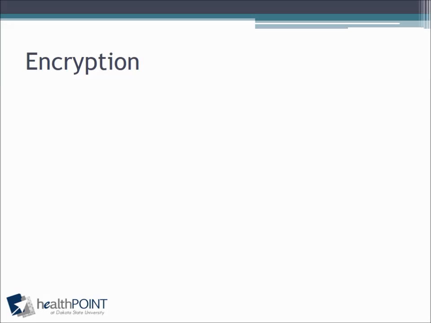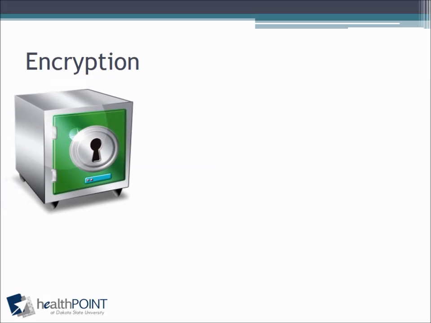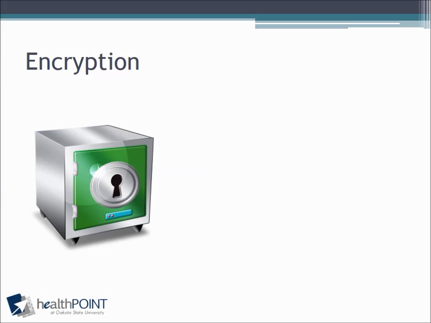Now, encryption is an area that I think a lot of people get kind of a glazed-over look about, that they don't understand it. It's too technical, but let me tell you, I can break this one down, because this is the way I understand it. Someone explained it to me. Basically, you're putting your information in this safe, and once it goes in the safe, it basically stirs it all up so it is not readable anymore by humans.